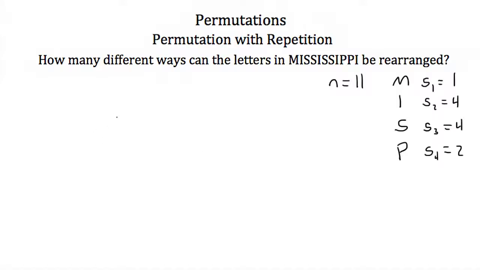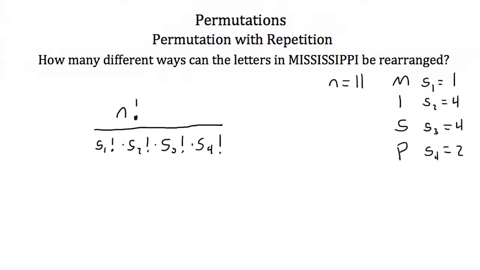So if we go back to our formula, where we have n factorial over S1 factorial times S2 factorial times S3 factorial times S4 factorial, in this case we'd have 11 factorial over 1 factorial times 4 factorial times 4 factorial again times 2 factorial.